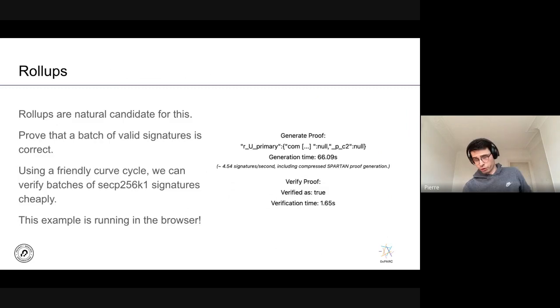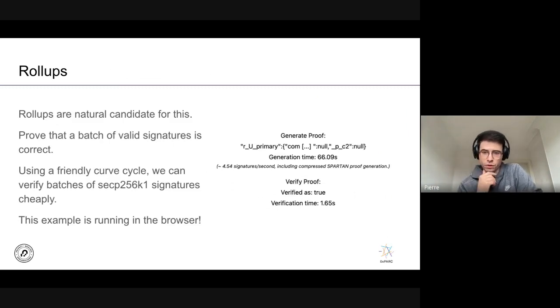Besides light clients, we also have rollups, of course, which are a natural candidate for this. If you want to prove that a batch of signatures is valid, for instance, and if you use a friendly curve cycle, it's even more interesting because you can very efficiently verify batches of secp256k1 signatures, say.